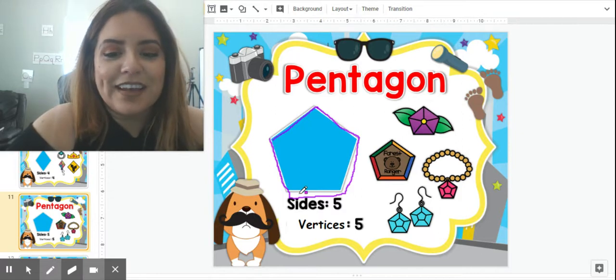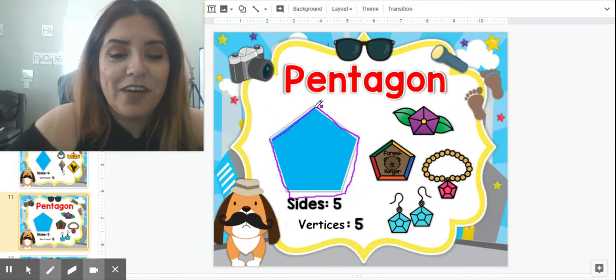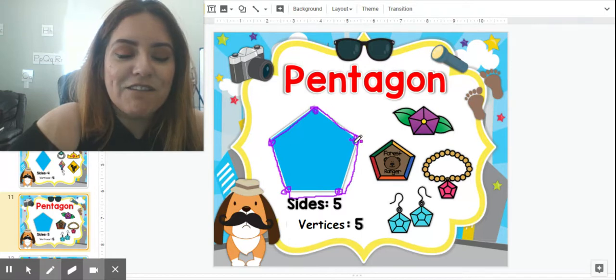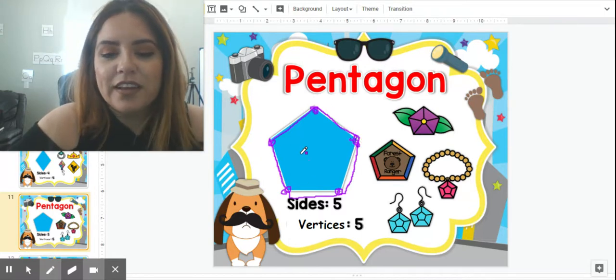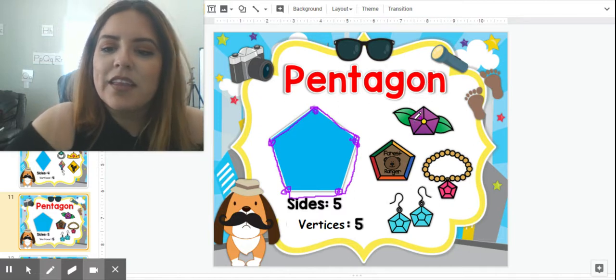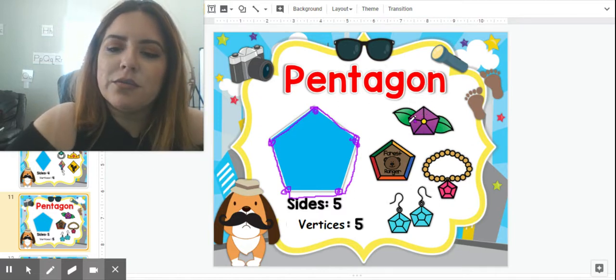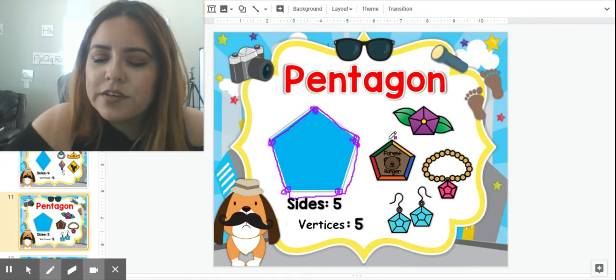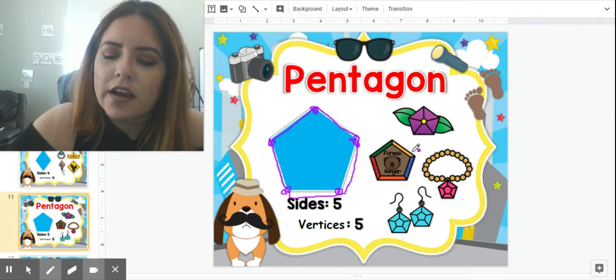A pentagon has 5 sides and 5 vertices. 1, 2, 3, 4, and 5. 5 sides and 5 vertices for the pentagon. And then we have here a flower with 5 sides and a doghouse with 5 sides, a necklace, and some earrings.